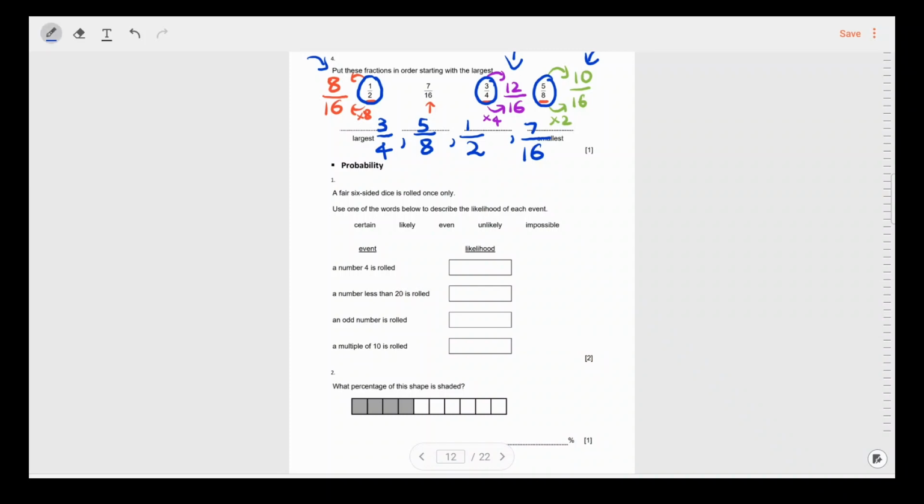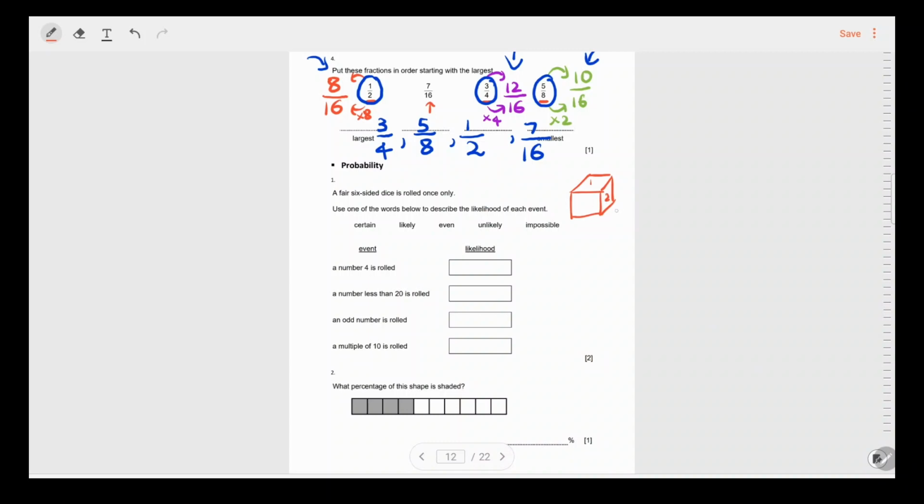Great. So the last topic for this video is probability. Question 1 says a fair 6-sided dice is rolled once only. So we know what a dice is. The numbers are from 1 to 6, right?